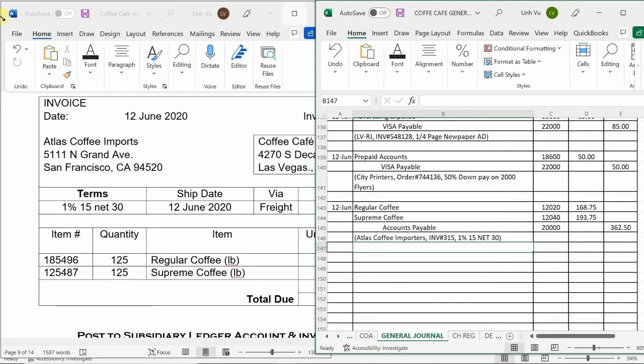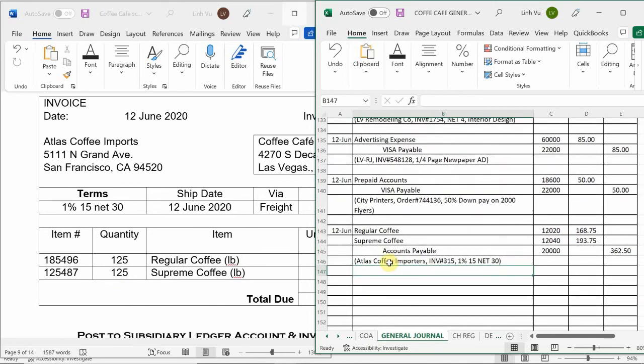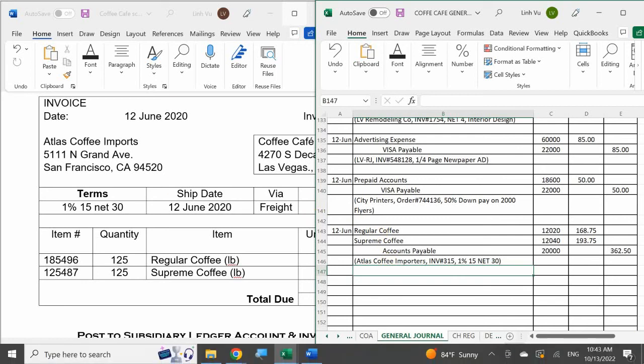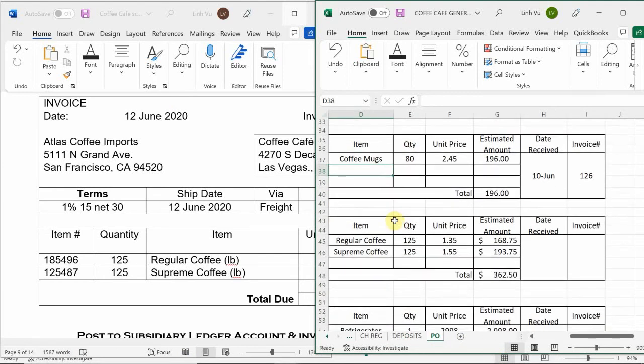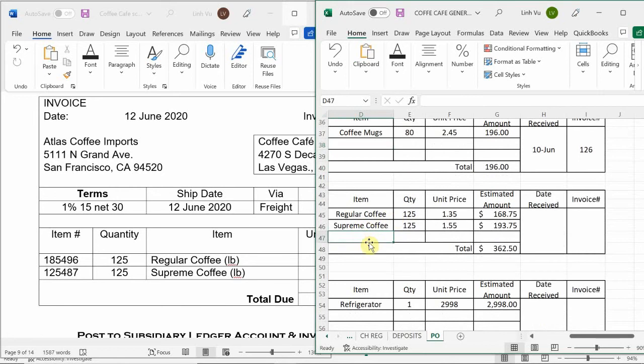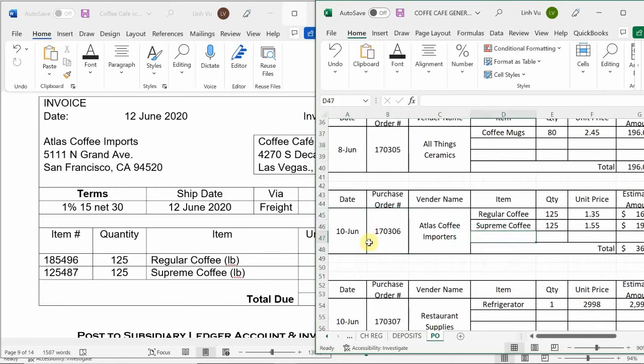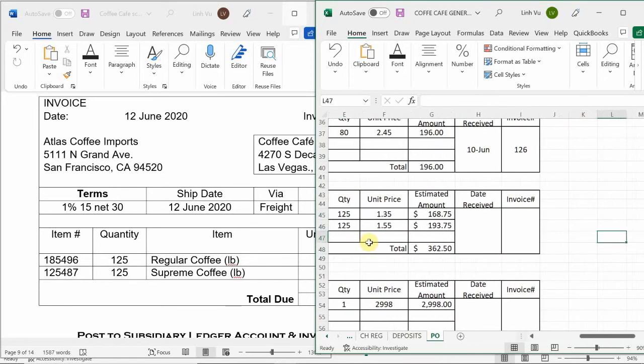All right, so now that I got that there, let's go ahead and plug it into our ledger, okay? But first rule of thumb here is we should check it off that we received our coffees, right? So I'm gonna go to my purchase orders. I did receive my coffee.